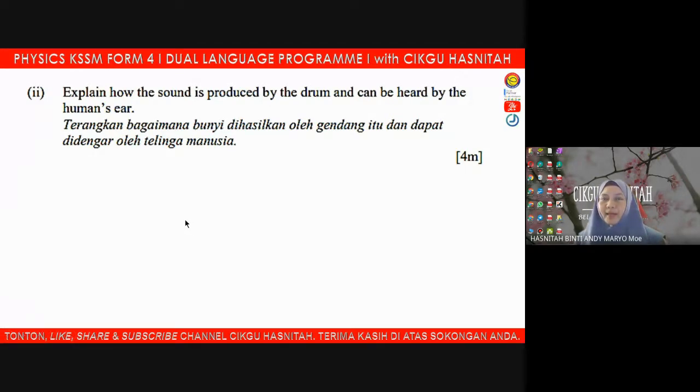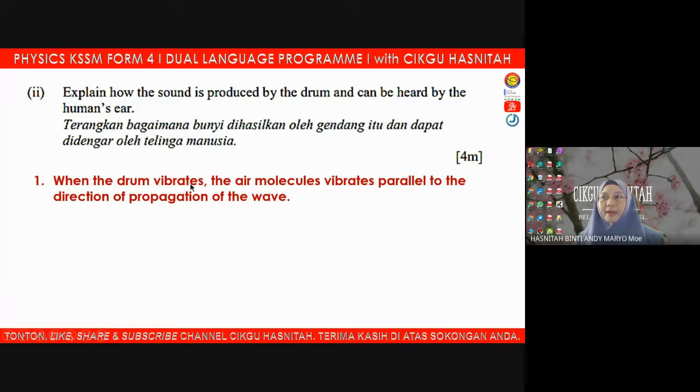You can tell the moment the boy hit the drum, what happened? Any idea? What happened to the air particles? Vibrating. So when the drum vibrates, this is your first point: the drum vibrates, and air molecules or air particles vibrate. Vibrate how? Parallel to the direction of propagation of the wave.